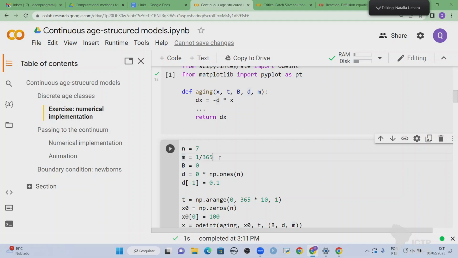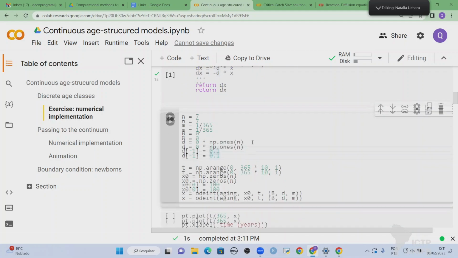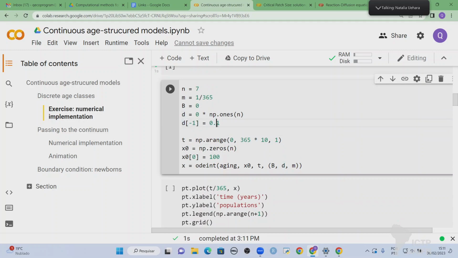My rate of maturing here is 1/365, as we discussed. I'm putting all the mortalities to 0 except the last one, so that I don't accumulate population at the last one. So just individuals in the last age class are actually going to die eventually.